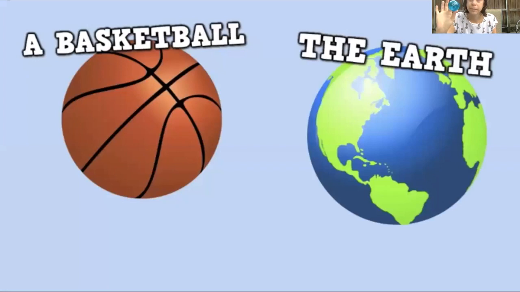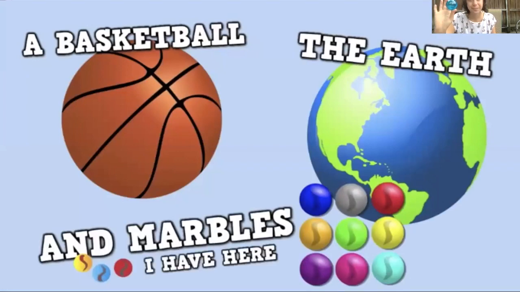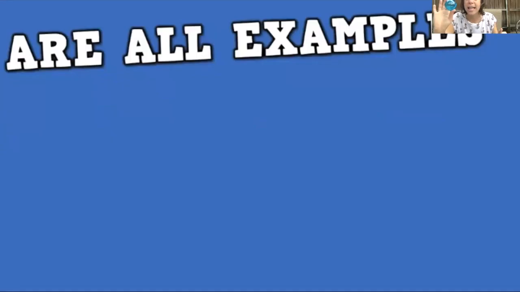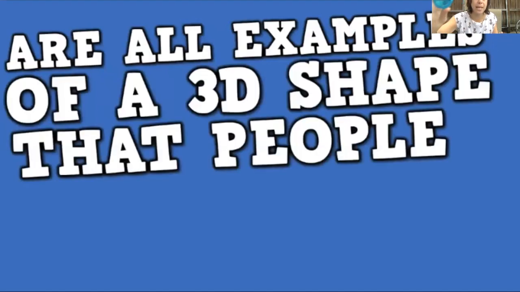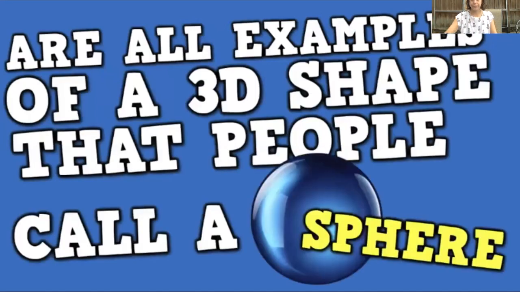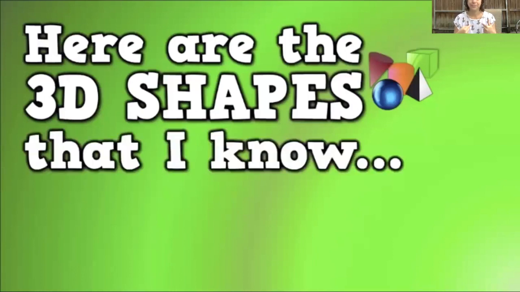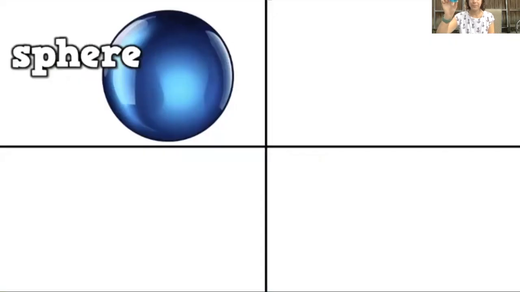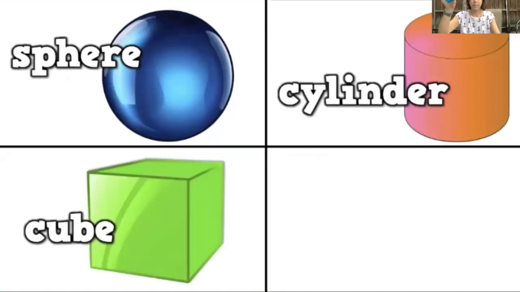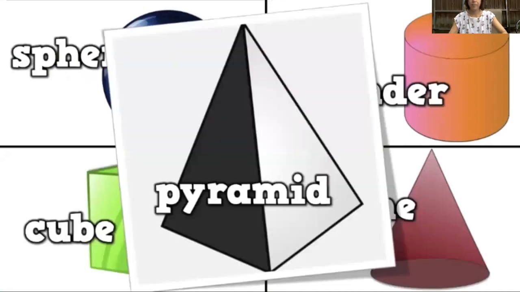Basketball, the earth, and marbles I have here are all examples of a 3D shape that people call a sphere.